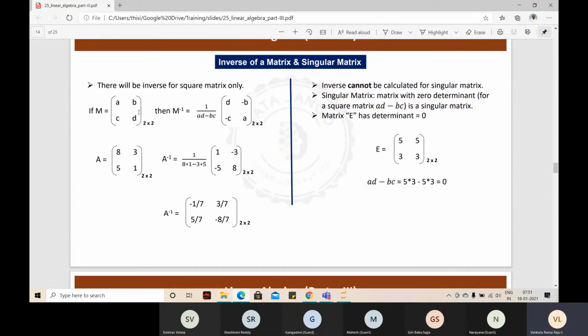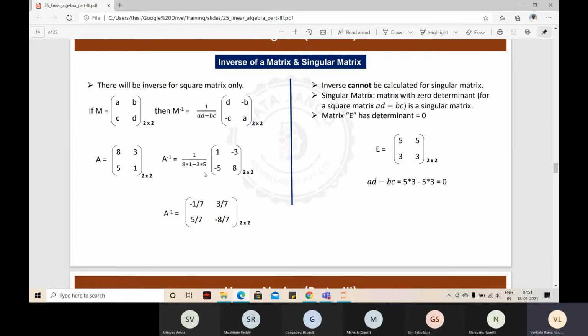So singular matrix. Inverse of a matrix can be calculated like this: 1 by AD minus BC, times the matrix D, minus B, minus C, A. This is just a 2 by 2 matrix, so it is easy to calculate inverse, but in a bigger matrix, it's going to be a bit difficult because calculating the determinant takes a little more effort.